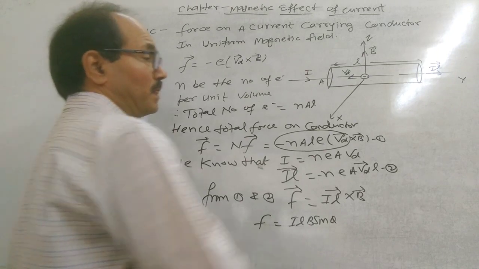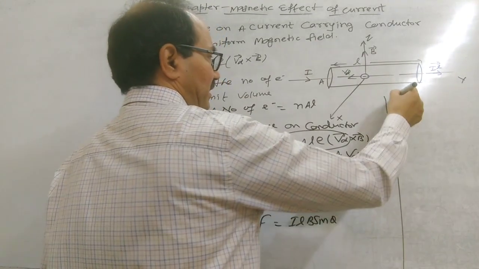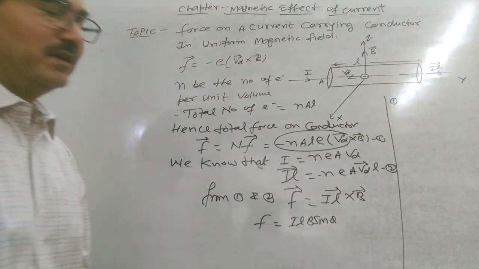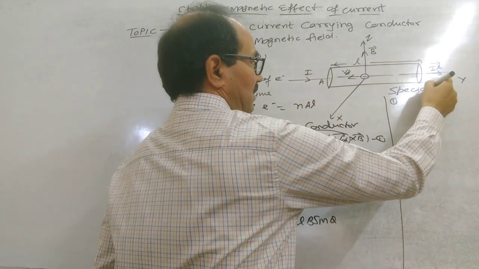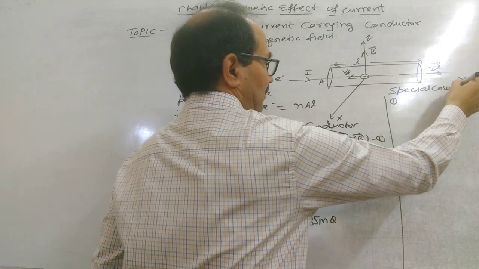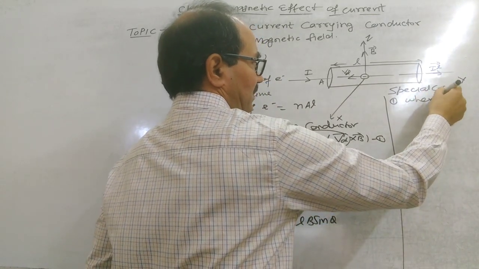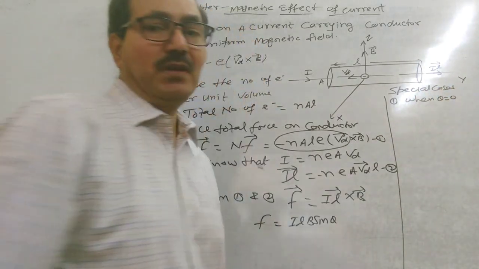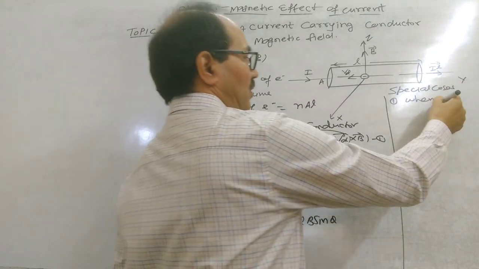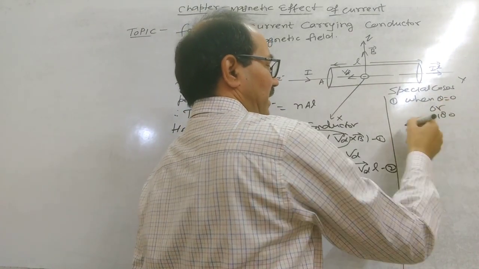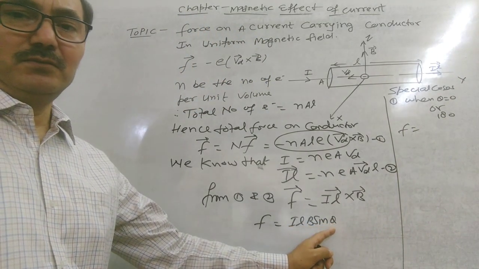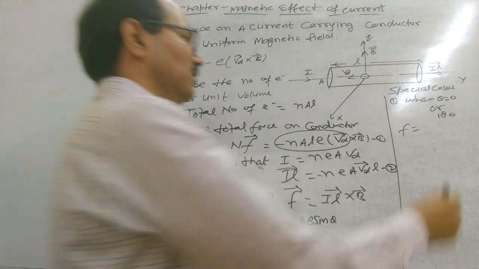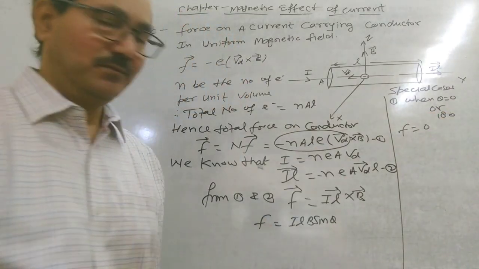Now special case number one, when theta is equal to 0 or 180 degree, then force F is, sin 0 is 0, therefore force is 0, sin 180 is also 0, ठीक है.